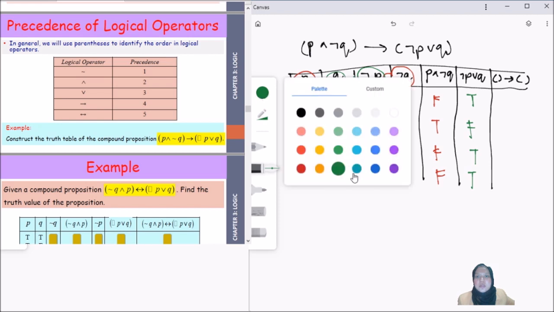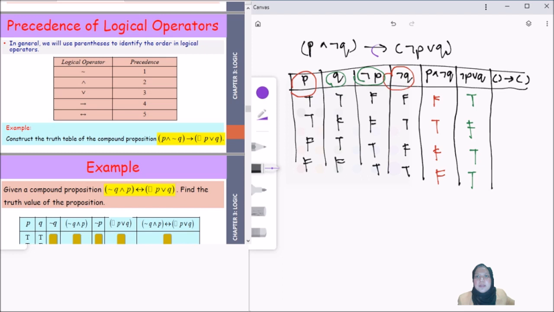Okay, last one we do for implies. Implies here, implication, where P and not Q is the hypothesis. Okay, so we look here, both are true, I think, and the hypothesis is false.